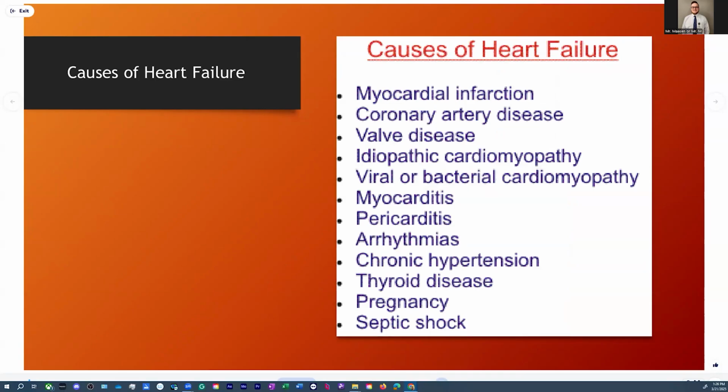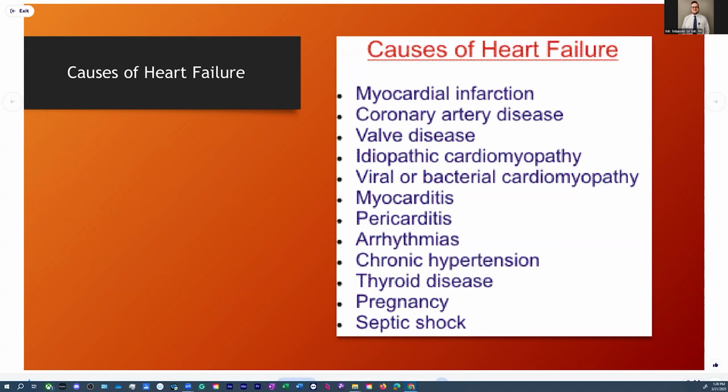Myocardial infarction is a big one. A heart attack will damage myocardium, and then that will cause scar tissue development, and that will lead to the heart not pumping effectively. That goes hand in hand with CAD. Valve disorders where the valves are stenosed or regurgitating, insufficient valve function will mess with it.